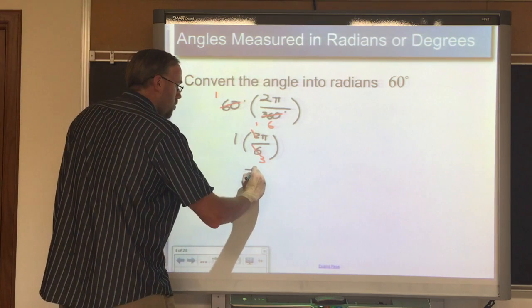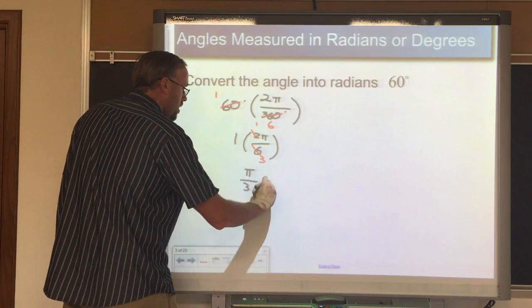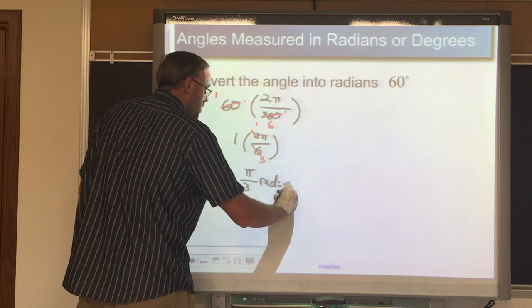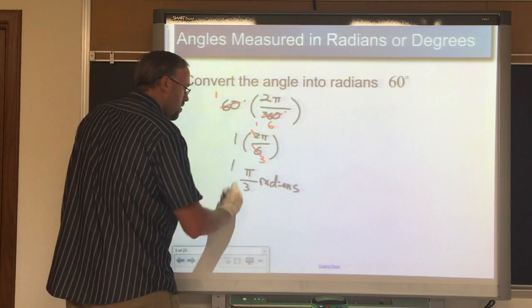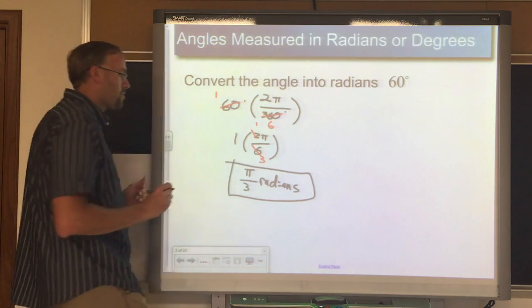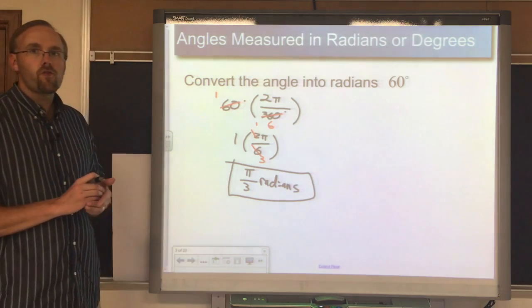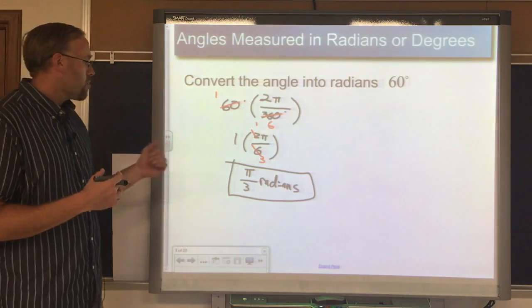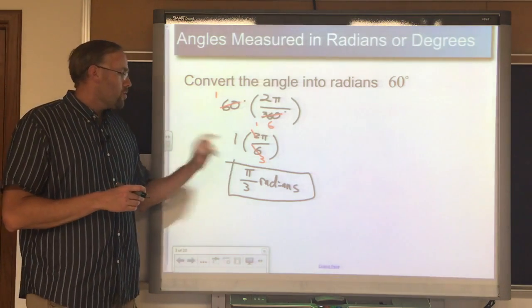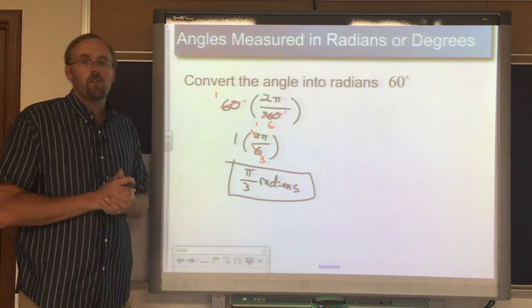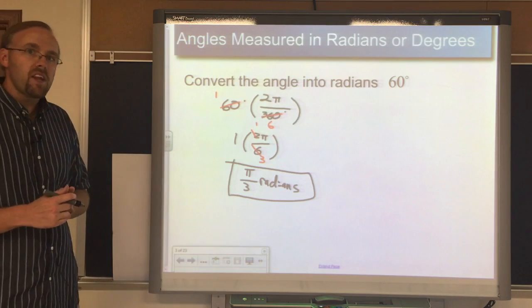So that leaves me with pi over 3 radians as my answer. There's no symbol for radians like there is for degrees, so when you say pi over 3 radians, if you don't put a degree marker, it's just assumed that you're talking about radians.